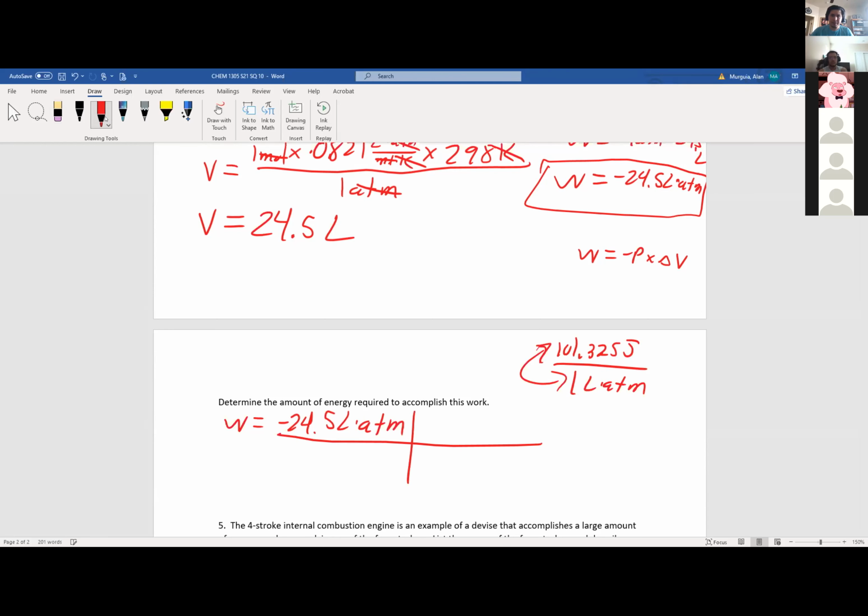So if we do that, multiplied by 101.325 joules over 1 liter atmosphere, our liter atmospheres cancel out, so we multiply by the top and divide by the bottom now. So how much energy am I giving off from this work?